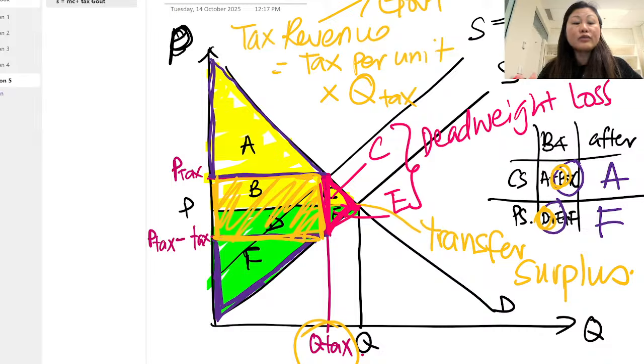But it is still fundamentally reducing the quantity traded in the market. And therefore, from a society perspective, this is still not good. There's still no good reason why we should reduce quantity for this good. People loved the good and were having fun consuming it, but now they're going to have less of it. Not because the technology has changed or it's more costly to produce.